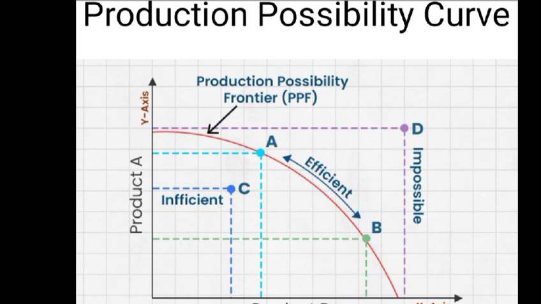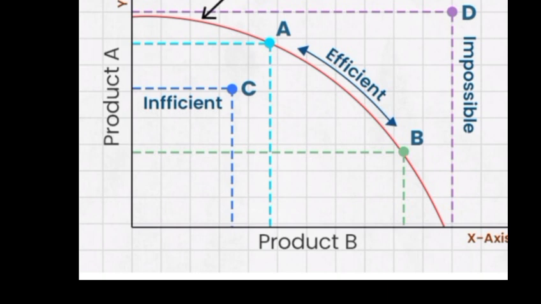So under the line AB, the producer using the resources means that is inefficient, and fully utilized means that is the point between A and B. Under-utilization means it is not used fully. Over-utilization means that point is denoted as D.